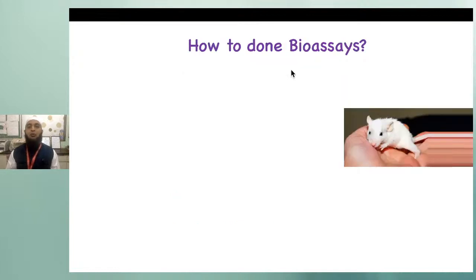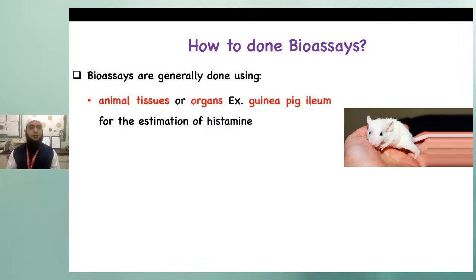Now let's see how to do the bioassay. Bioassays are generally done using animal tissue or organs. For example, guinea pig ileum for the estimation of histamine. This is one example, because you are using animal tissue or an organ for studying the biological assay.